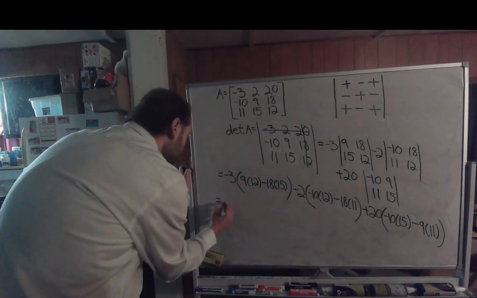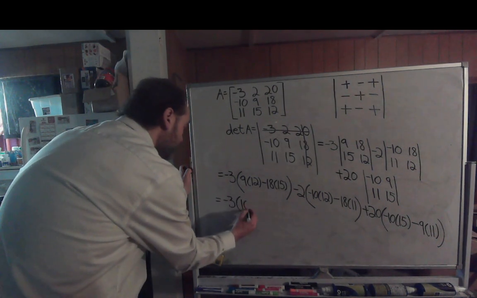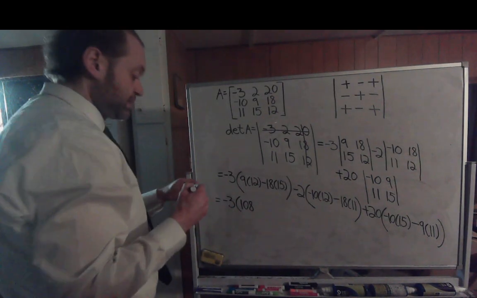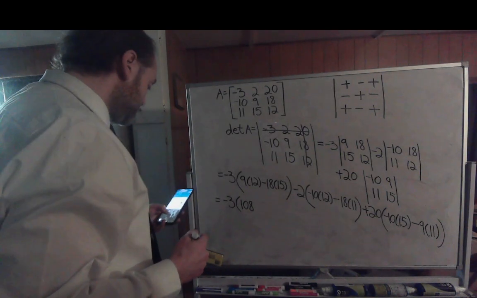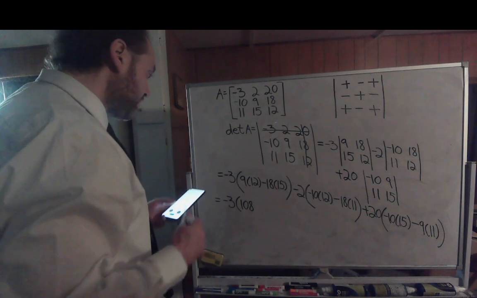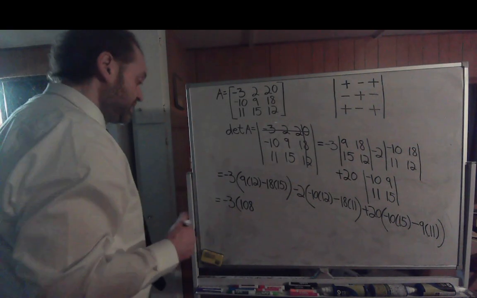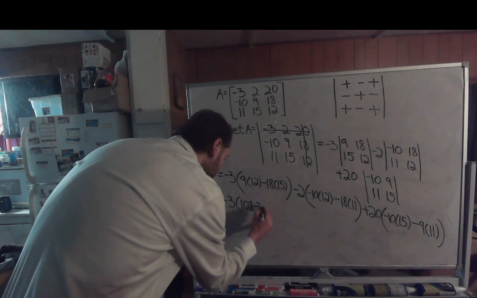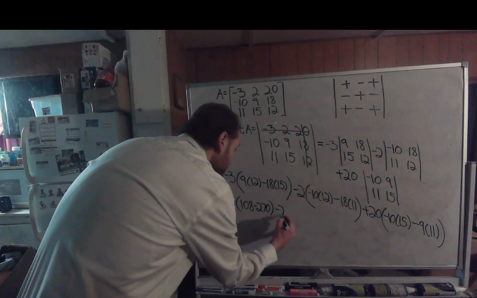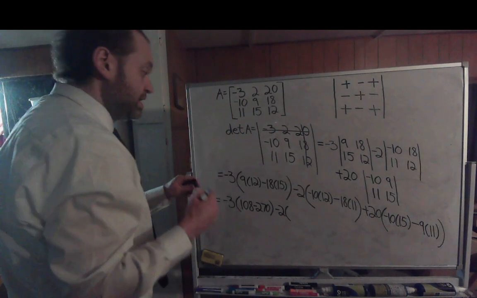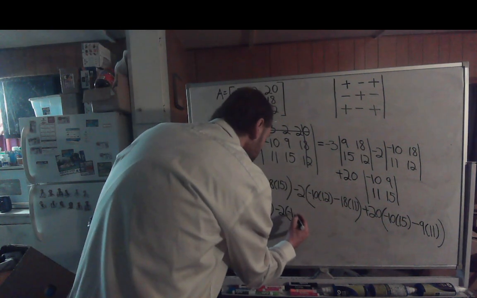Now, we have -3 times, let's see, 9 times 12 is 108. 18 times 15, that's a huge number, I could tell you that. 270, 108 minus 270, minus 2 times -10 times 12 is going to be -120.